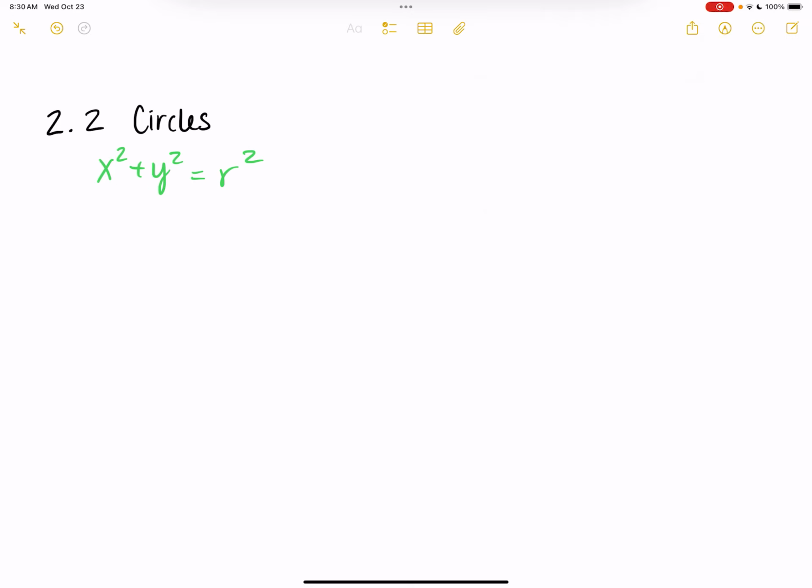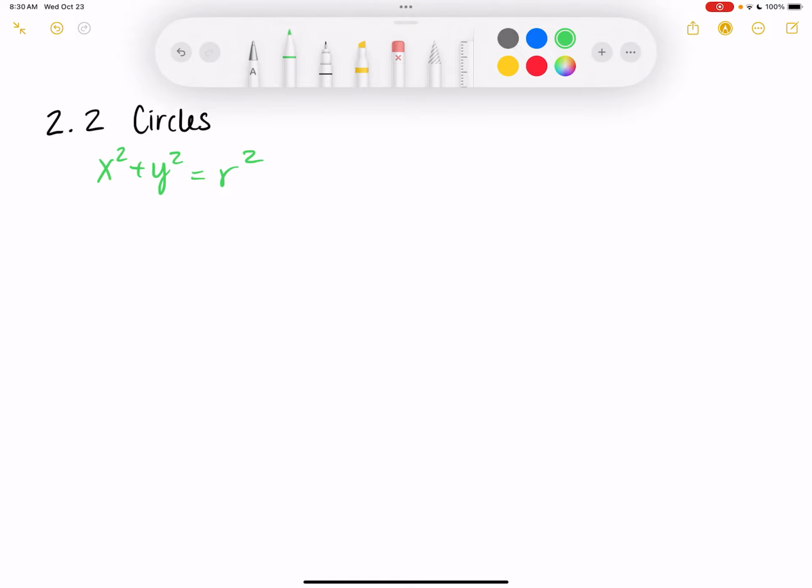But anyways. So number 12 says the center is at 0, 0, and has a radius of 9. So with this formula up here, this is if it's at the center 0, 0.